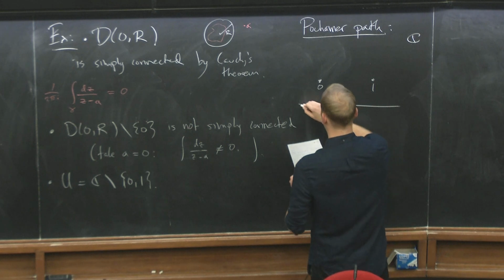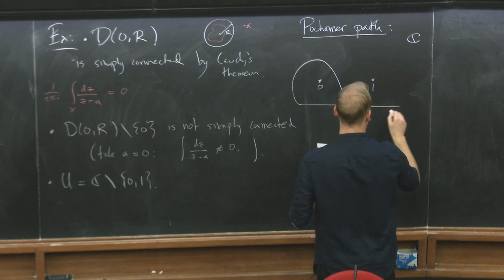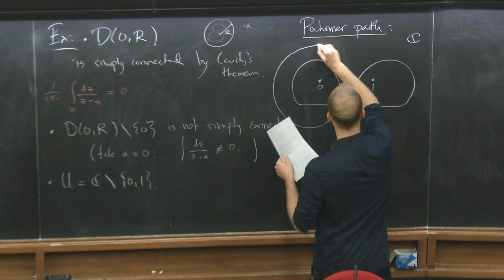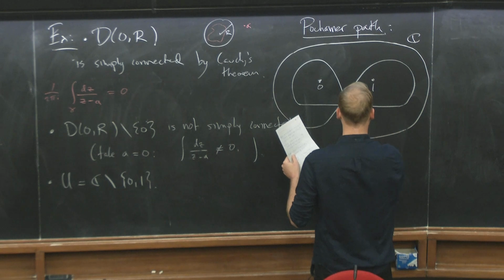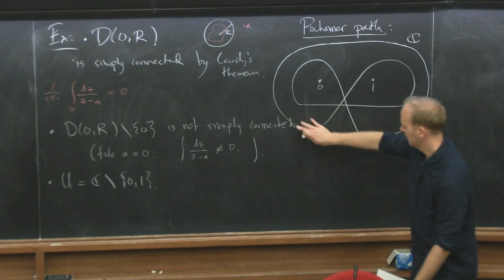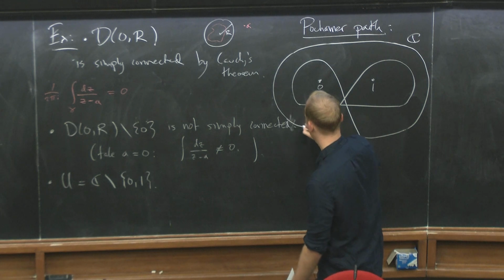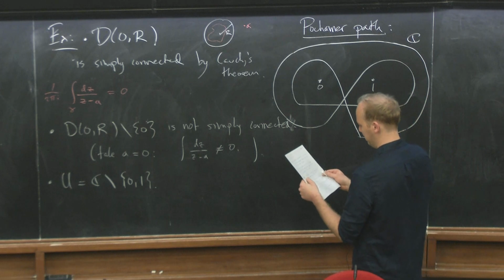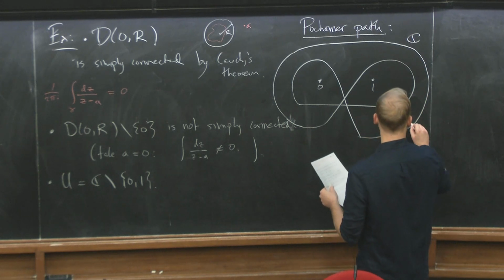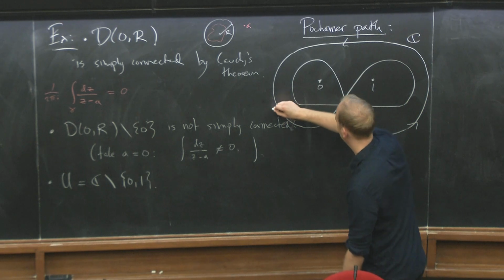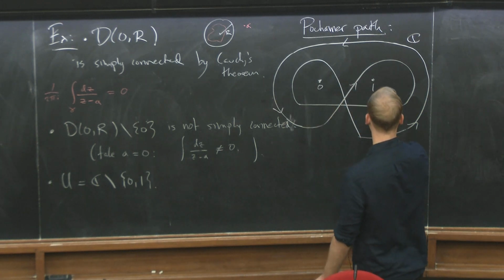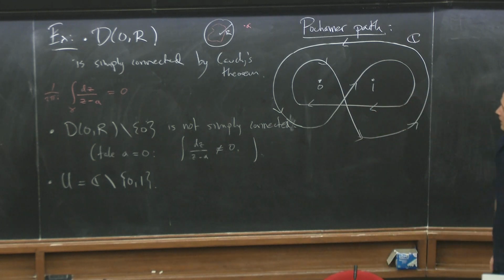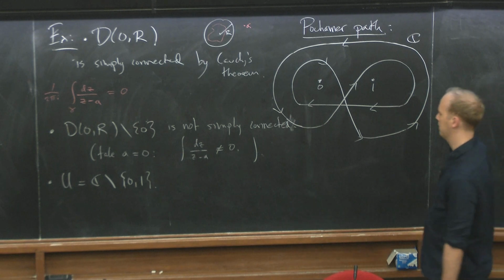You draw figure 8 like that, figure 8 like that, and then it's supposed to come back. Sorry about being so close to what I wrote, but we have this path here. It goes like this, just to follow it. Then it comes up here, goes like that, comes down here, and then like that. So this is the Pochhammer path.